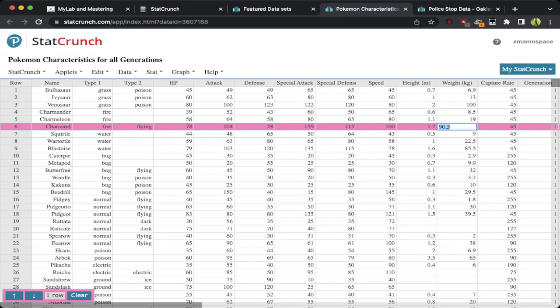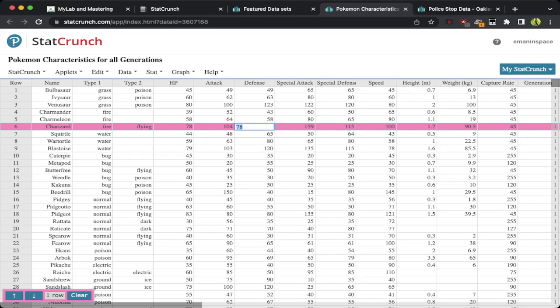The subjects here are Pokemon. Notice that height is something you would measure, right? It's a numerical variable because the number here stands for the measurement of the Pokemon's height. Over here, weight in kilograms is a numerical variable because the weight, 90.5, measures the weight of that Pokemon.